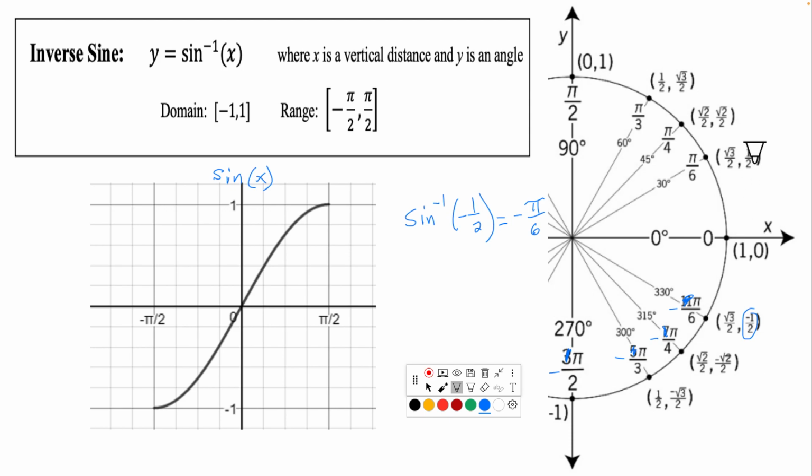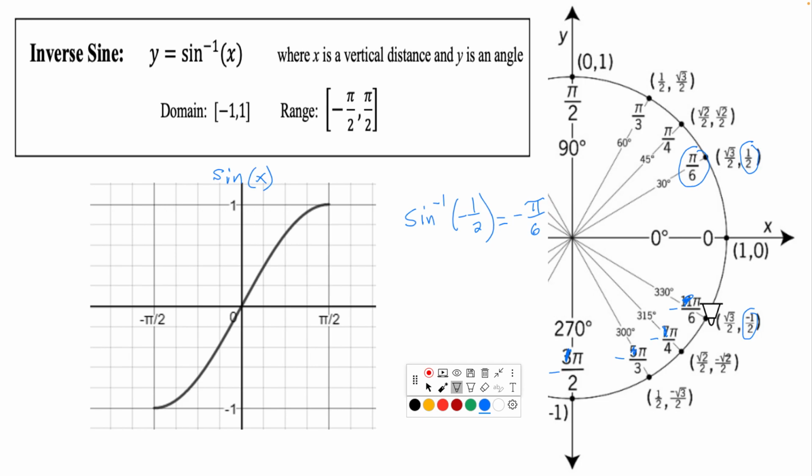Up here is positive 1/2. If it was positive 1/2, then I look up, oh, it's pi over 6. If it's negative 1/2, it's going to be negative pi over 6. So I've just modified the unit circle to fit exactly what we need, and all I'm doing is looking up, this number goes with this angle.